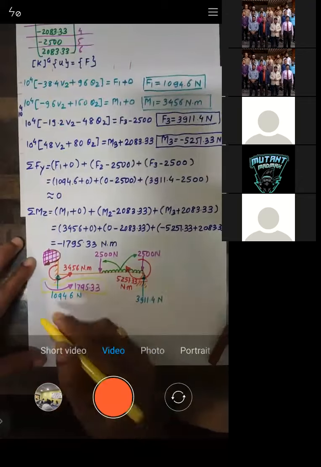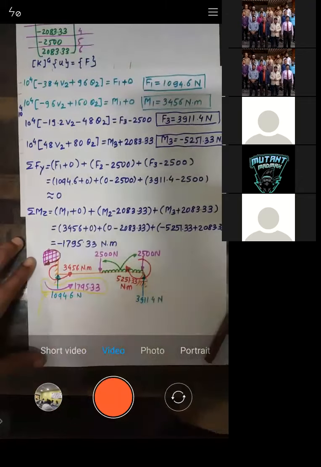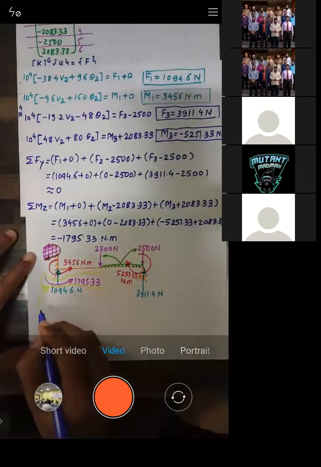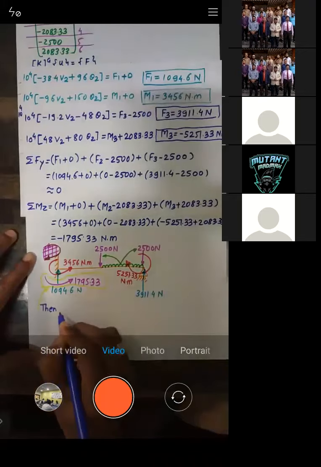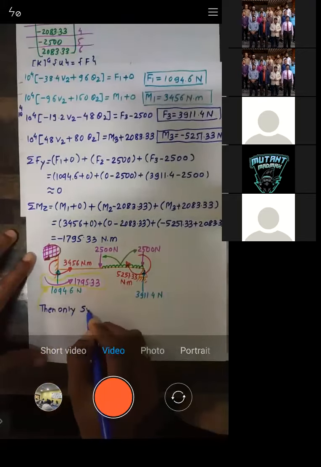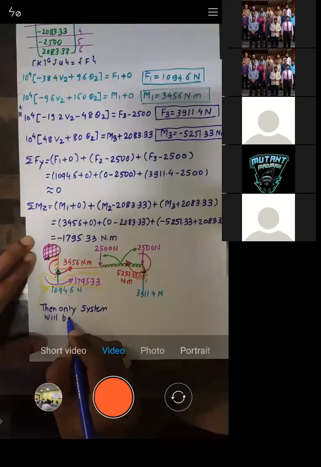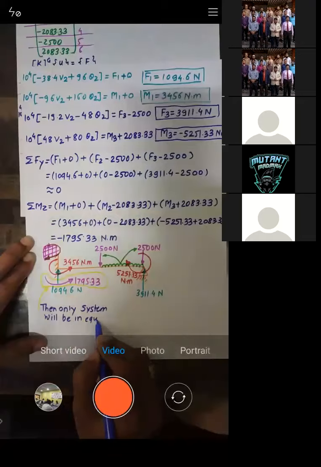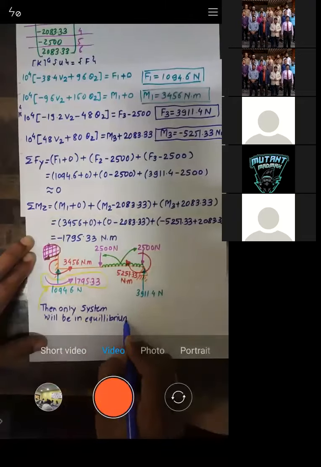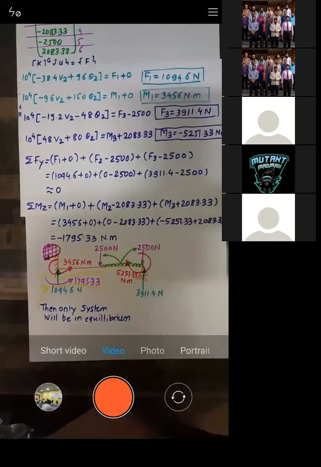If you produce this one, then only the system will be in equilibrium. So with the forces, the system is in equilibrium, but with the movement, it is not in equilibrium.